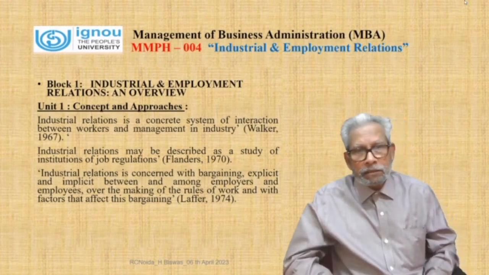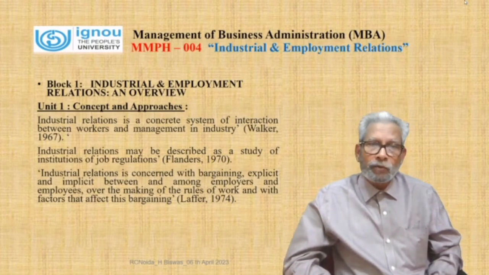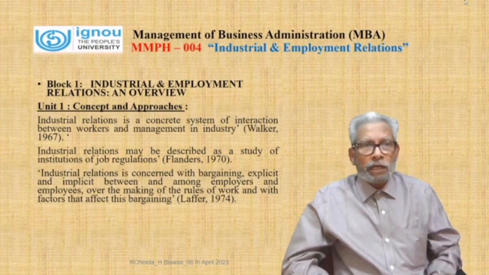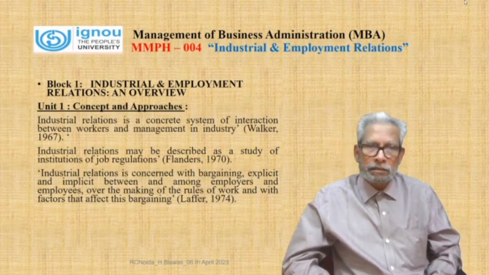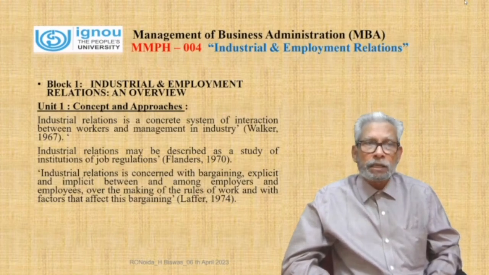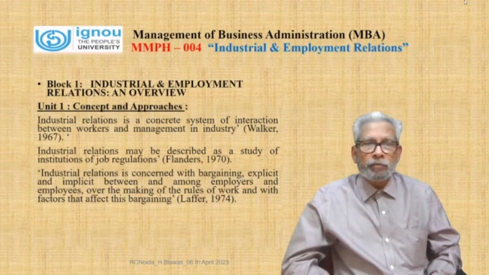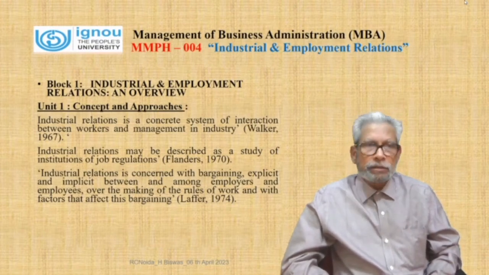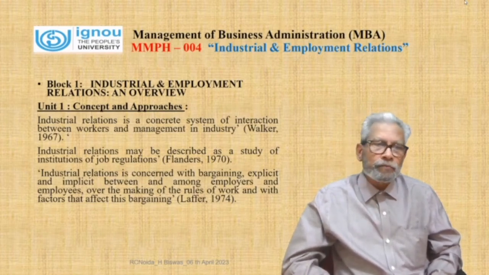Industrial relations is a concrete system of interactions between the workers and management in industry. Dunlop, in 1967, wrote it this way. Flanders, in 1970, has written that industrial relations may be described as a study of institutions of job regulation. So different authors, different philosophers, have written in different ways.